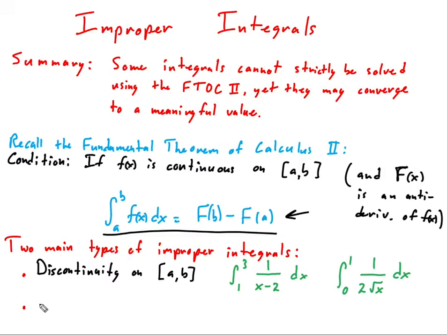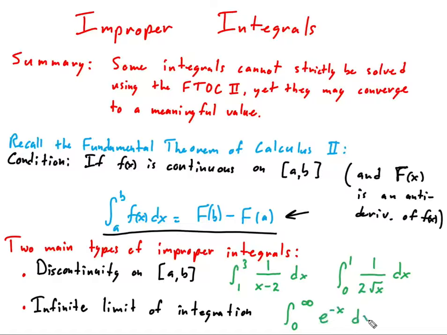The second main type of improper integral is when we have an infinite limit of integration. Here's an example of such an integral. If we have the integral from 0 to infinity of e to the negative x dx.